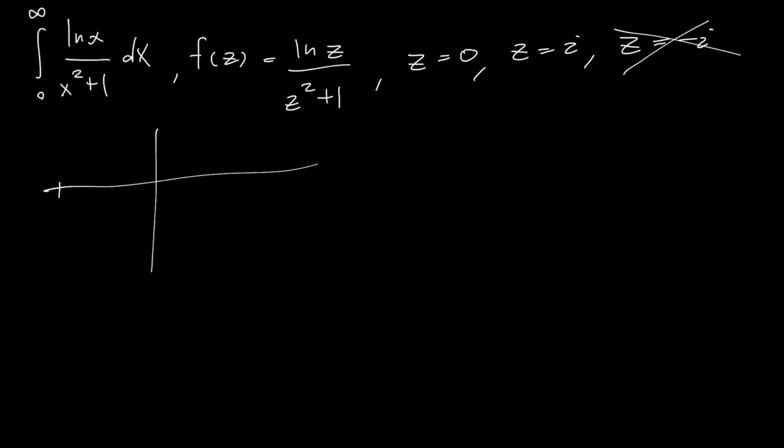So we have from minus r to negative epsilon, and from epsilon to r. And then we'll have this loop gamma, and its bigger loop, big Gamma.